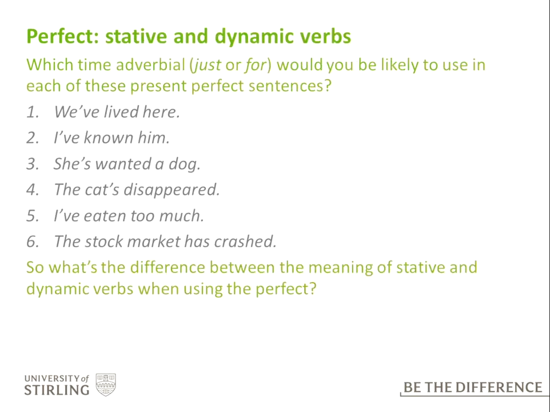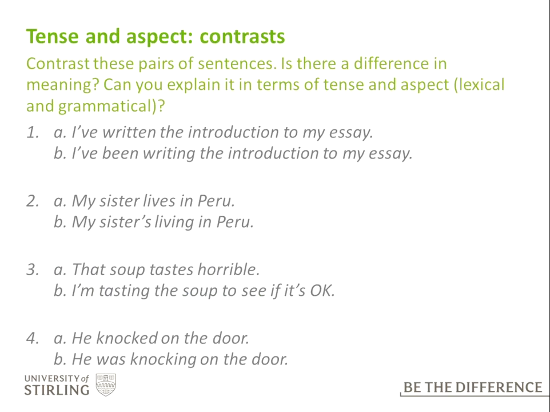Now, back to stative and dynamic verbs. Which time adverbial, just or for, would you be likely to use in each of these present perfect sentences? And then think about what's the difference between the meaning of stative and dynamic verbs when using the perfect. Now, contrast these pairs of sentences.